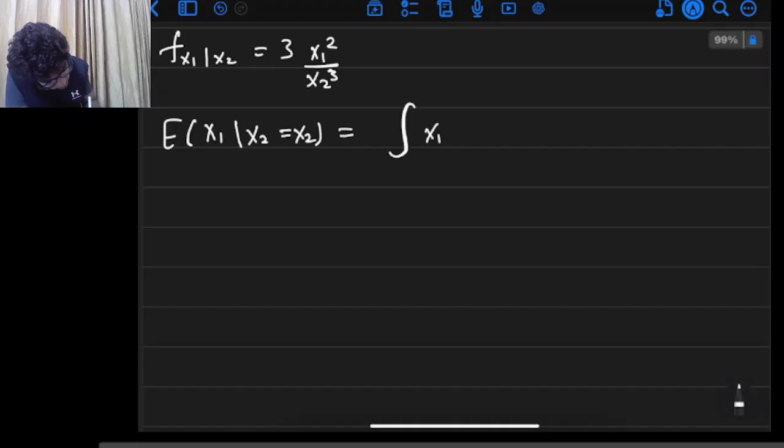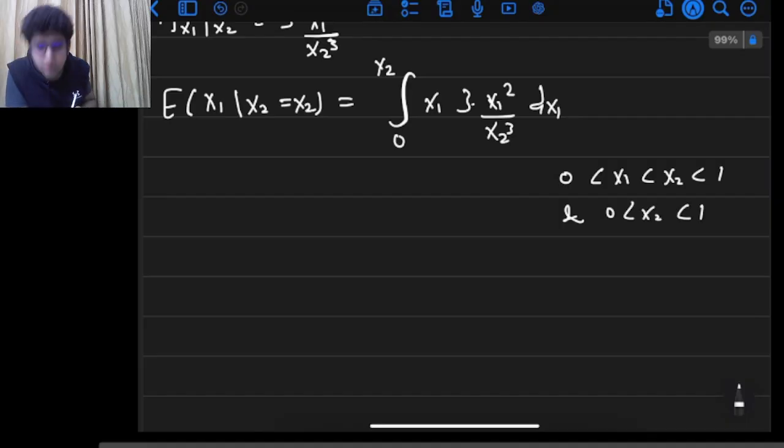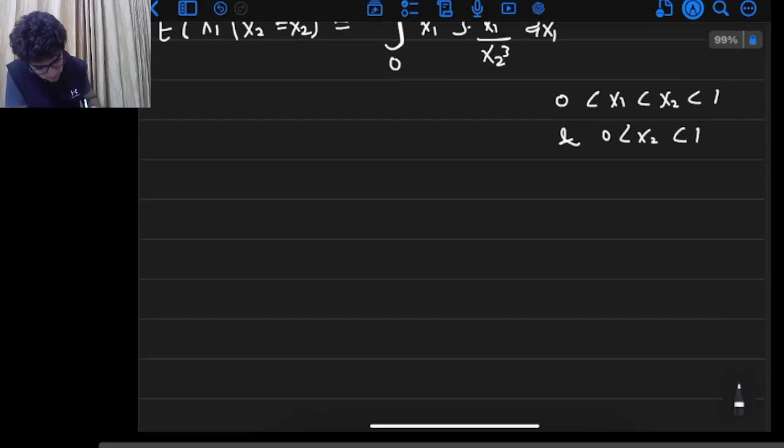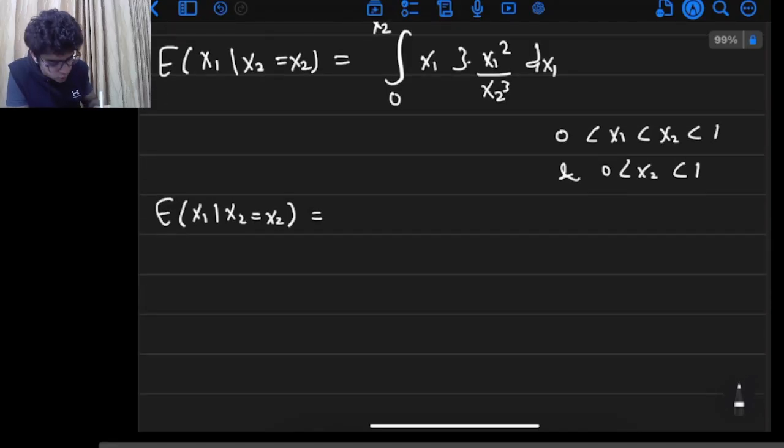So this becomes the integral of x1 into 3 x1 square divided by x2 cube dx1, and the limits for x1 will be 0 to x2. So now I'll be treating x2 cube again as a constant.